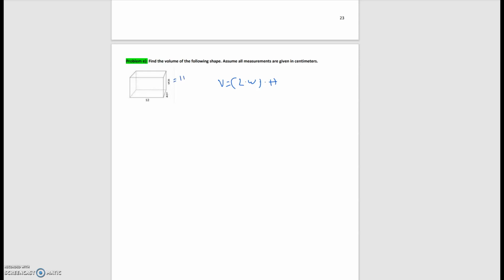So I'm just going to say that this is H, this is the width, and this is L. In this case, V is equal to L times W times H. We have the values of 12, the width is 1/4, and then 4/5. Also, all measurements are given in centimeters, so you're multiplying centimeters 3 times, so we're going to end up with centimeters to the 3rd power.